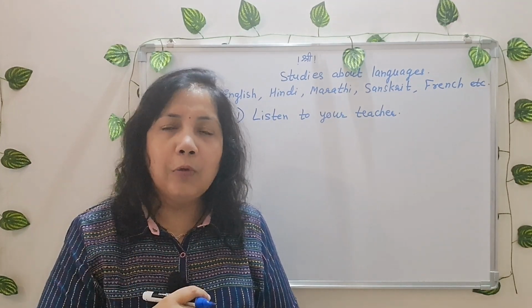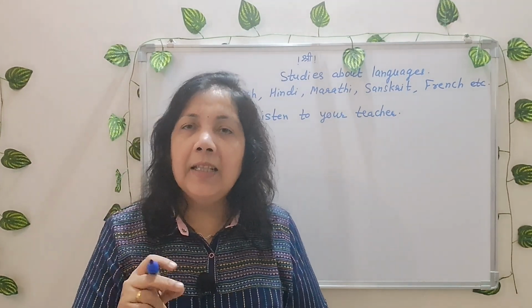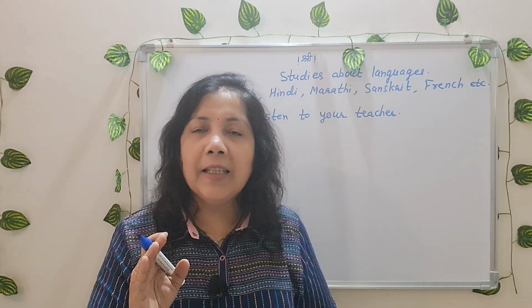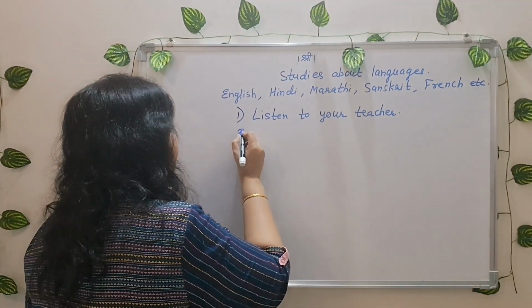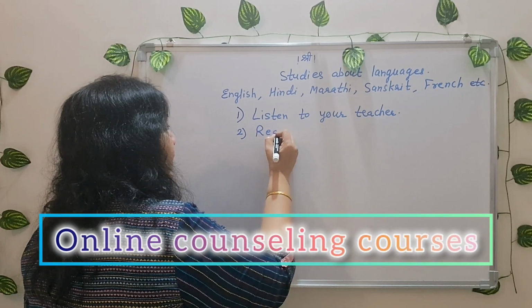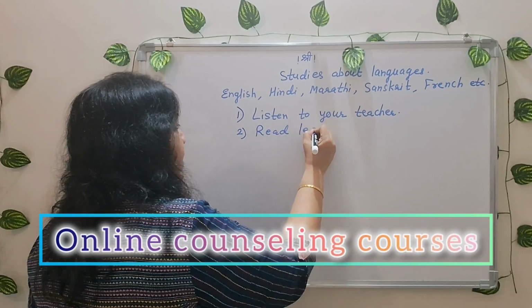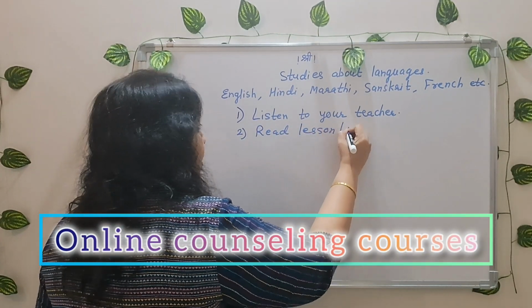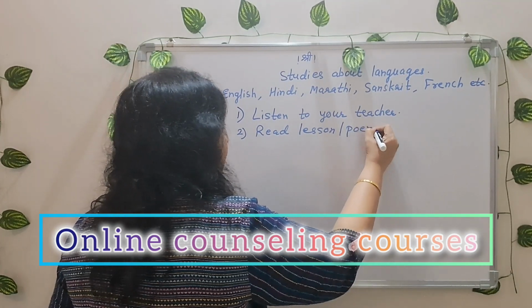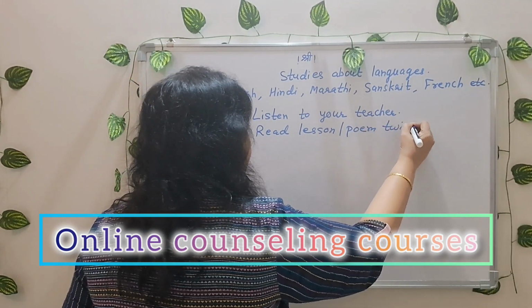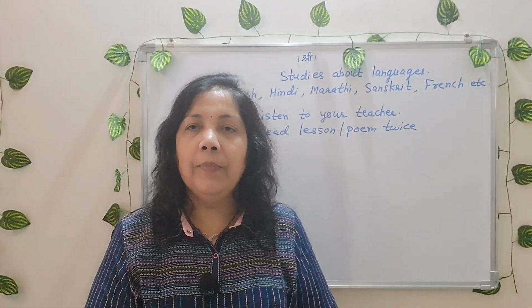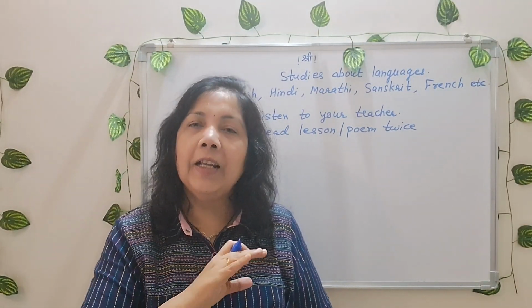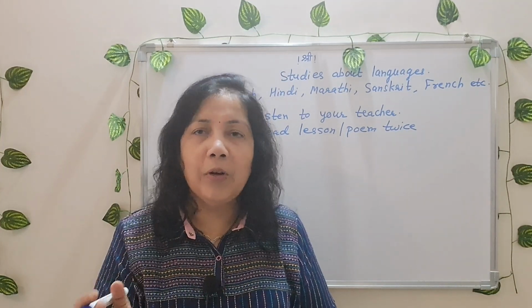After that, when you go home, read that lesson once or twice. Twice is always better. So, second step, at home, read that lesson or poem twice. After this, you will get a general idea about that lesson or poem.